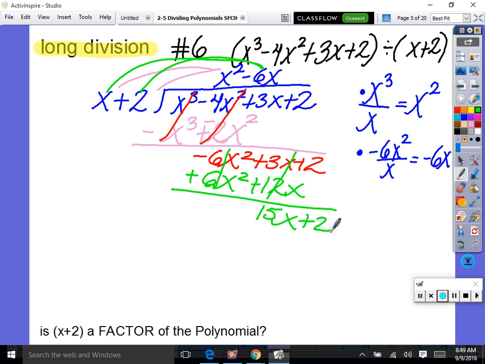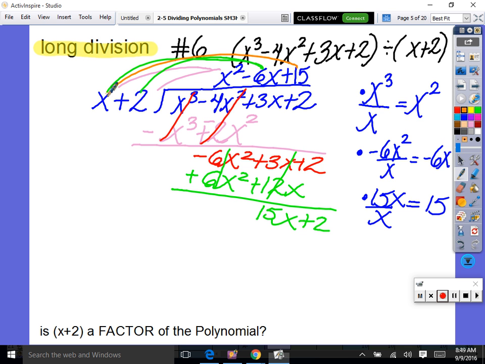And we're back over to the start here. 15x divided by leading coefficient x is positive 15. That's what goes on top. And we're back to the distribution.